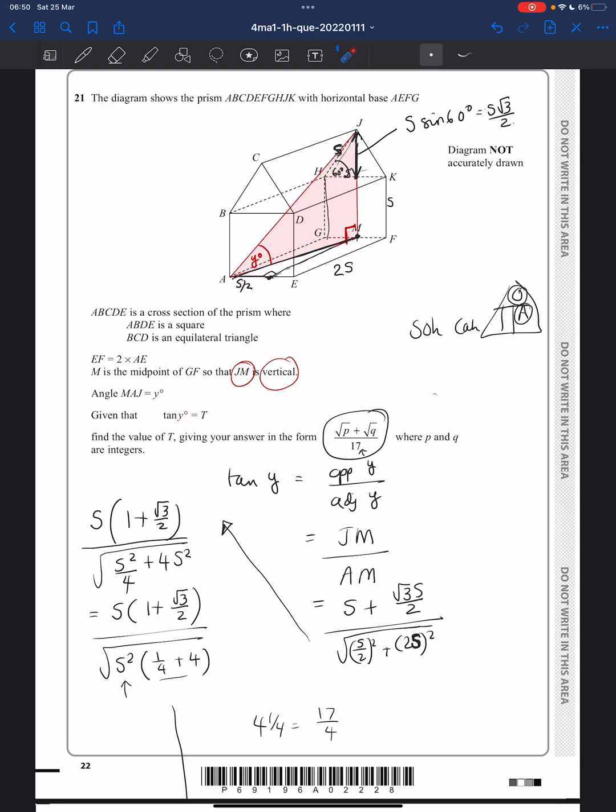Tan y is opposite over adjacent. Opposite y, we've got an S plus S root 3 over 2. And then here, S over 2 squared plus 2S squared, square root for Pythagoras. Opposite over adjacent is tan y.